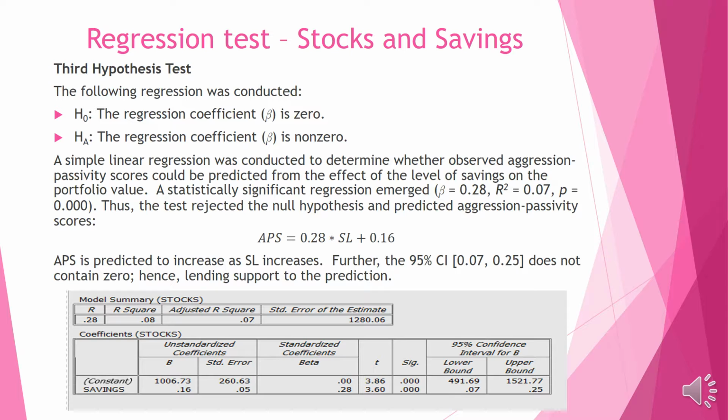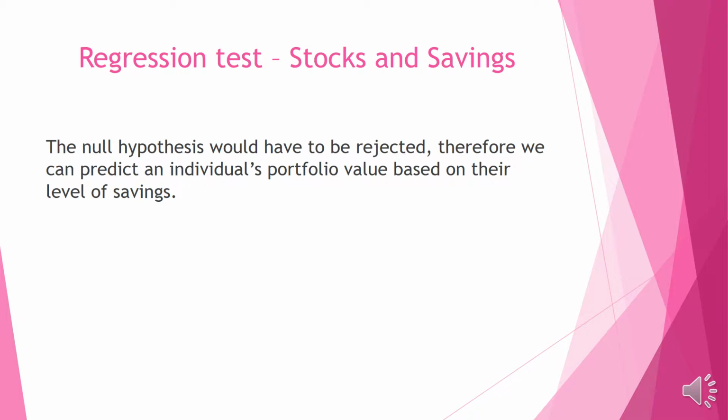Further, the 95% confidence interval was between 0.07 and 0.25, which does not contain zero, hence lending support to the prediction. So for this test, the null hypothesis would have to be rejected. Therefore, we can predict an individual's portfolio value based on their level of savings.